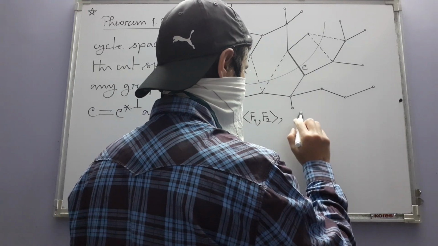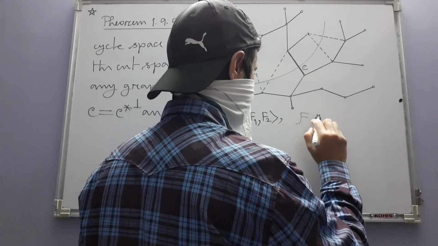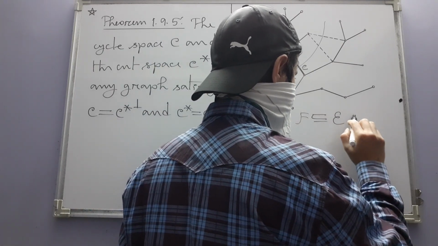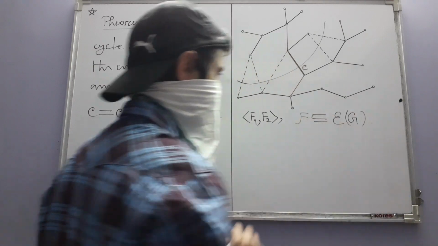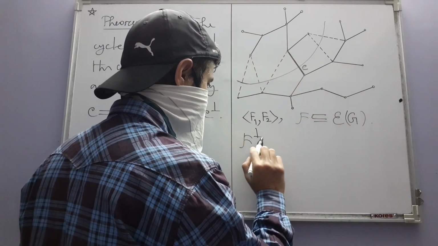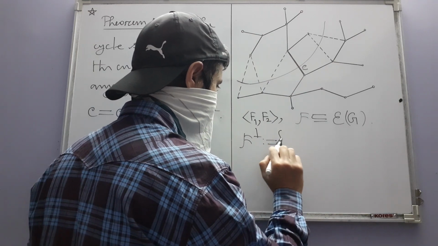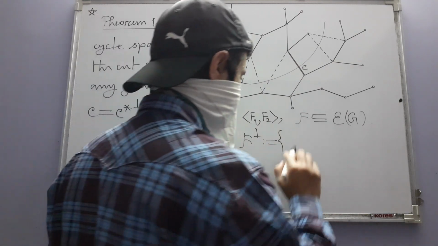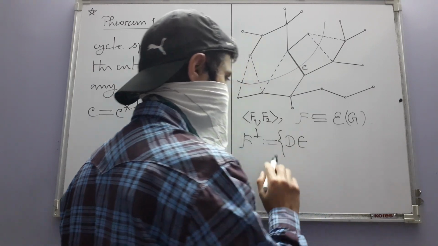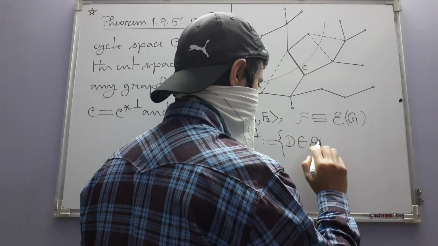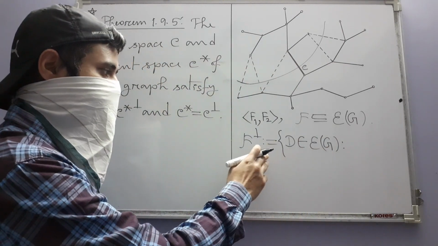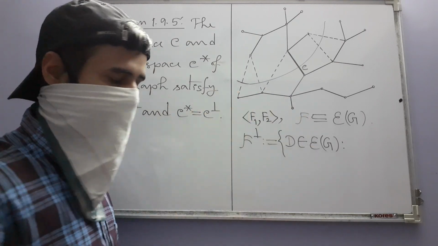Say we have a subspace F of the edge space of a graph G. Then the orthogonal complement of F is defined to be the set of those elements, that is those edge sets in the edge space, that are orthogonal to every element in this subspace.